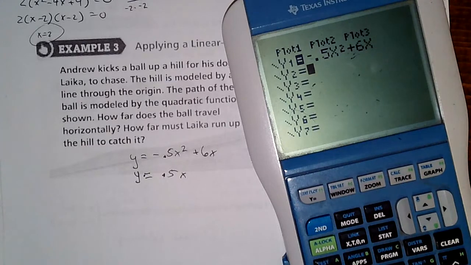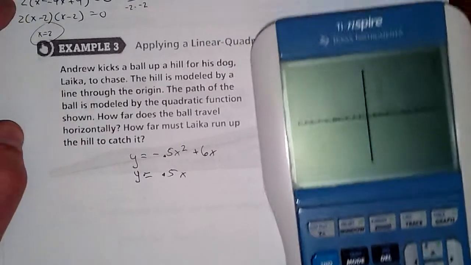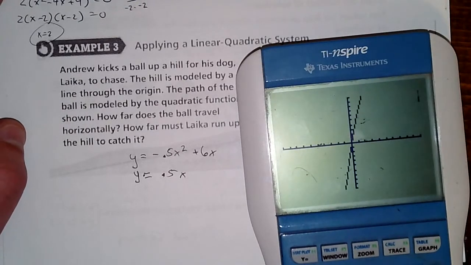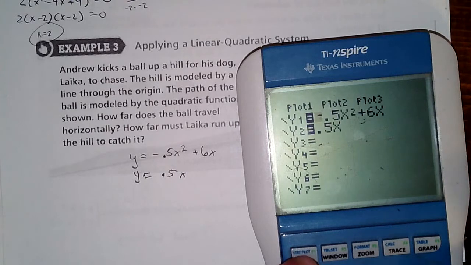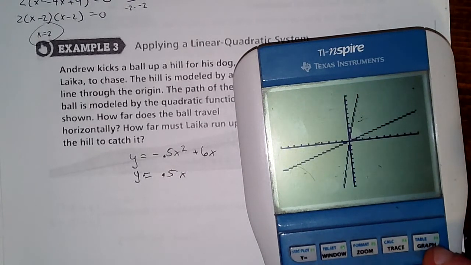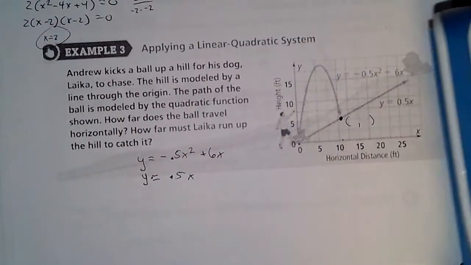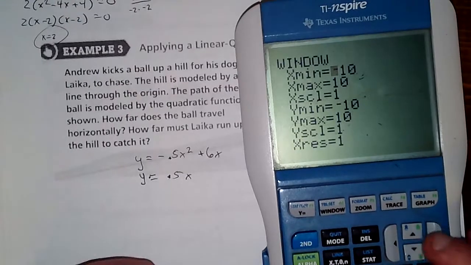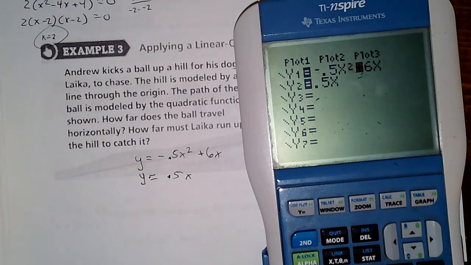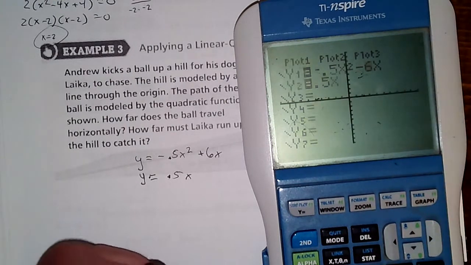Let's see what we're looking at. So this should match what we see on the graph there. Oops, did I not put my square in? I did put my square in. I wonder if that was supposed to be a minus 6. Hold on, sorry about this. It's hard to read on that, it's faded.